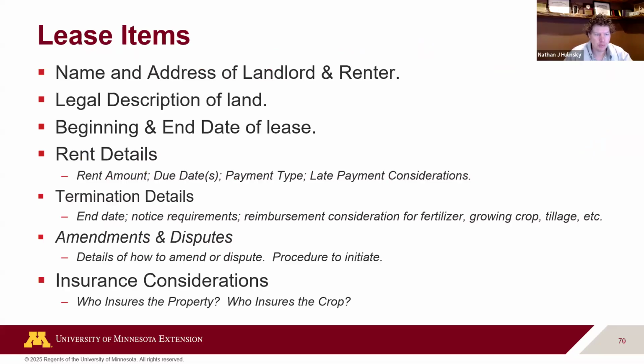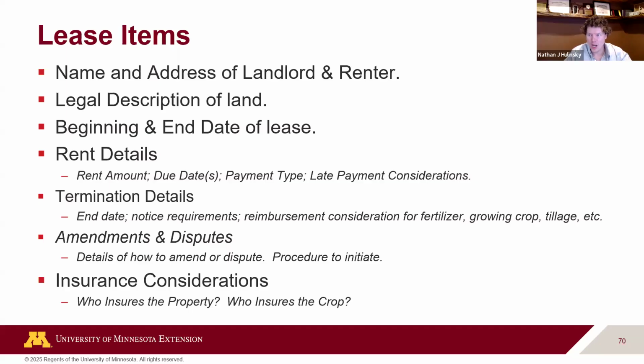These are some things to improve or include with the lease: name, address of both the landowner and the farmer. Legal description of the land, right? The county has a parcel ID number for every parcel in every county. Just put that down. What is the beginning and end date of the lease? How long is this lease? Most leases are not very long.